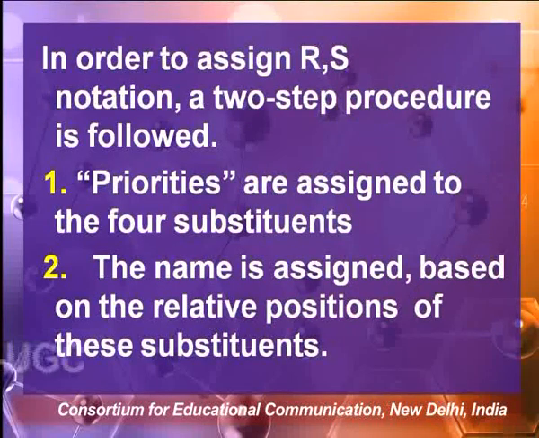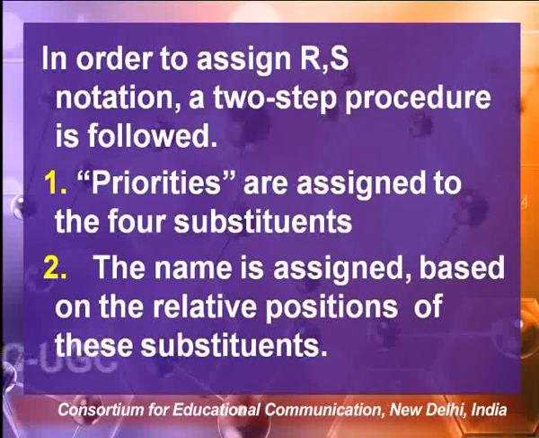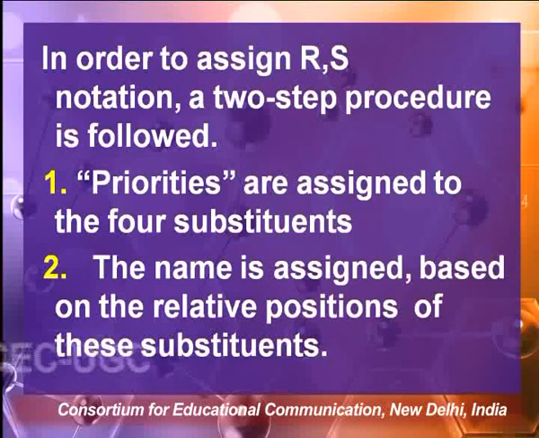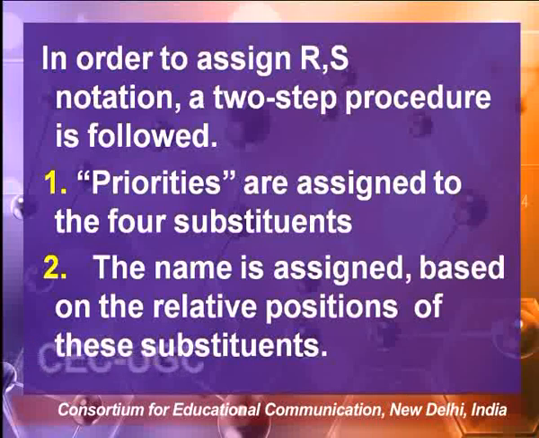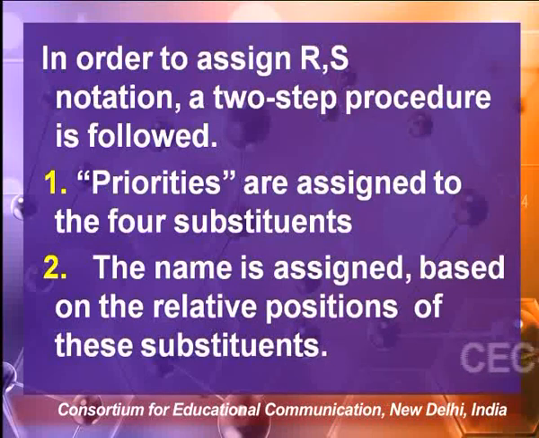So in order to assign R/S configuration to a molecule, we have to follow two steps according to the Cahn-Ingold-Prelog rules. The first says that we have to assign priorities to the substituents, and second, the name, that is the R or the S configuration, is assigned on the basis of relative position of these substituents. Both the points will be discussed in detail.